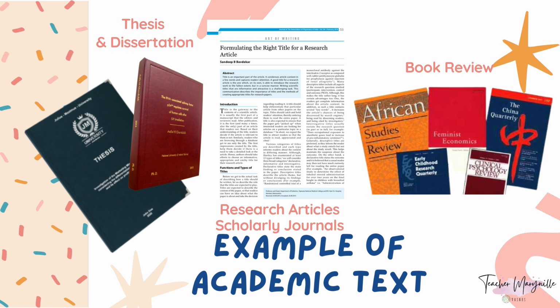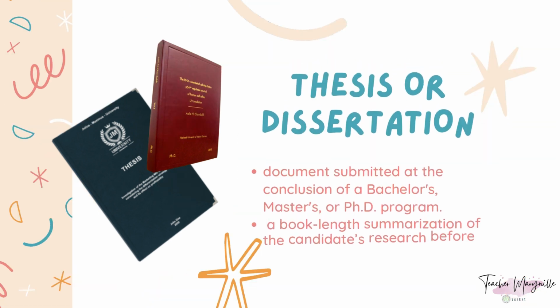Here are some of the examples of academic texts: the thesis and dissertation, the book review, or the research articles or scholarly journals. A thesis or dissertation is a document that is submitted at the conclusion or end of a bachelor, master's, or PhD program.